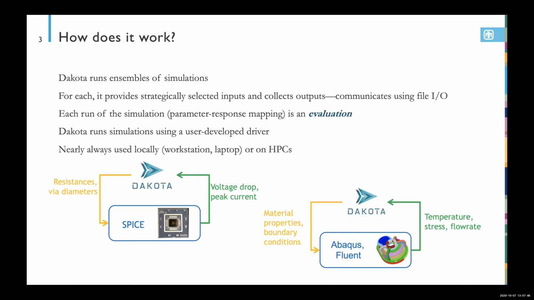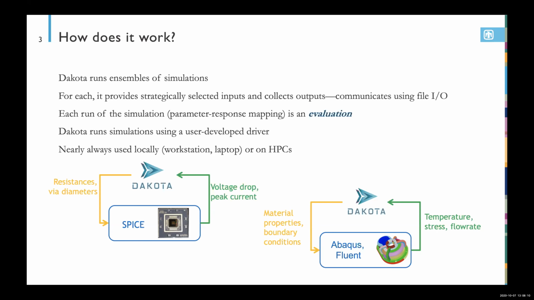It kicks off a driver that actually runs the simulation. And then at the end, when the driver finishes, it expects to find a file that contains the results that it can ingest. Each run of a simulation, each mapping of input parameters to responses, we refer to as an evaluation. And that driver that Dakota uses to run the simulation is developed by the user.